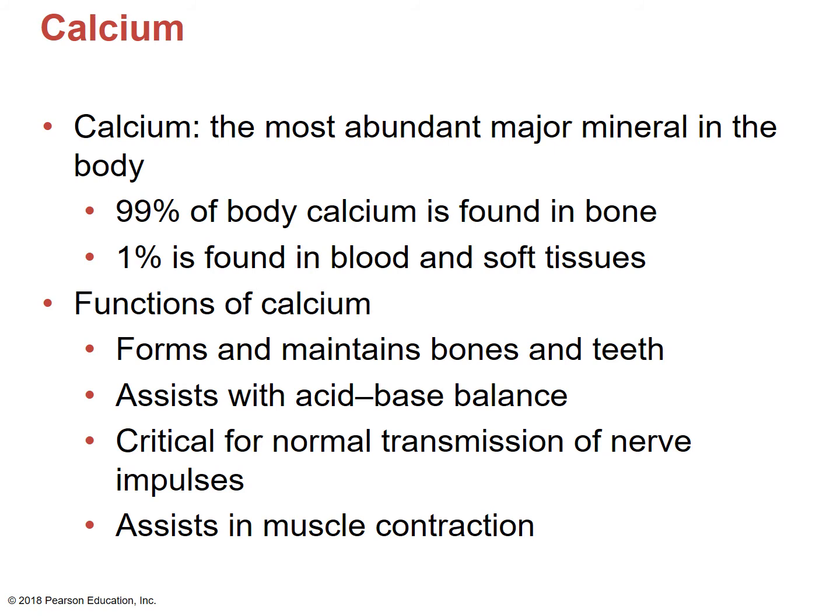In the focus feature in our textbook, 9.13, it illustrates how various organ systems and hormones work together to maintain blood calcium levels. When blood calcium levels fall, the parathyroid glands are stimulated to produce parathyroid hormone.